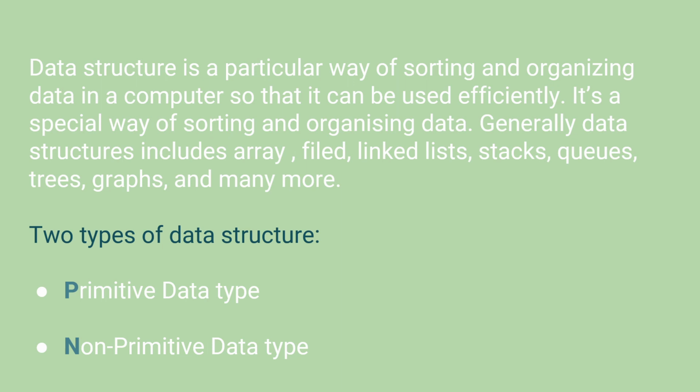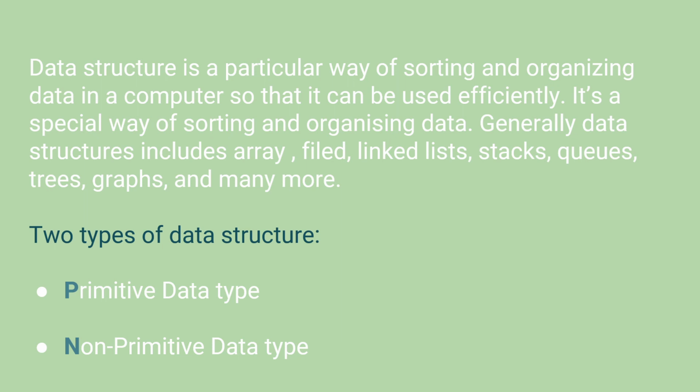Generally, data structures include arrays, files, lists, linked lists, stacks, queues, trees, graphs, and many more. The term data structure is used to denote a particular way of organizing data for a particular type of operations that are being performed in Python in this series.